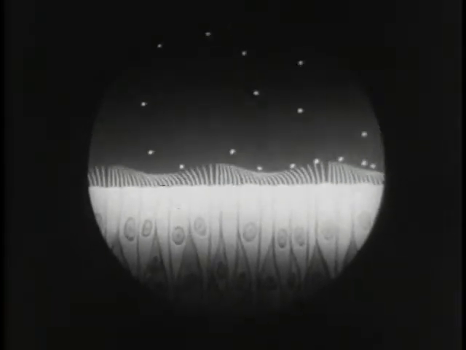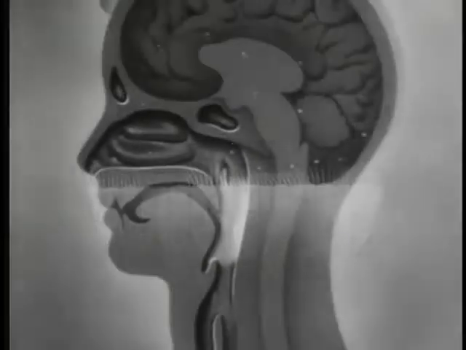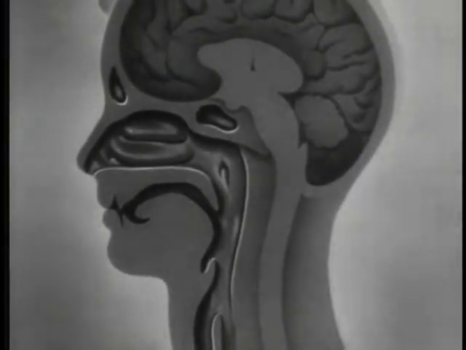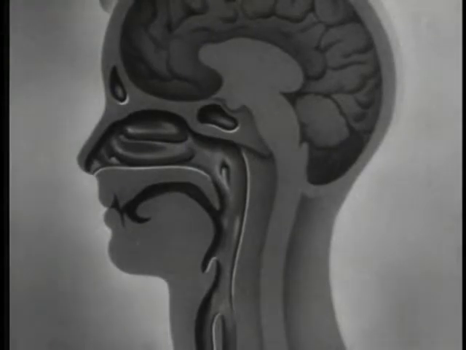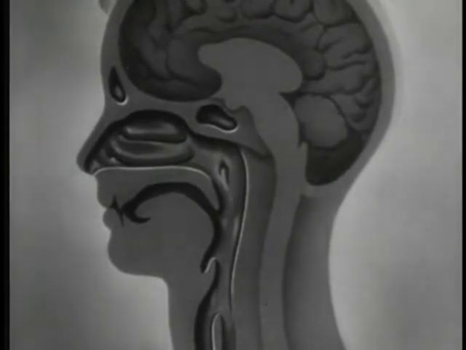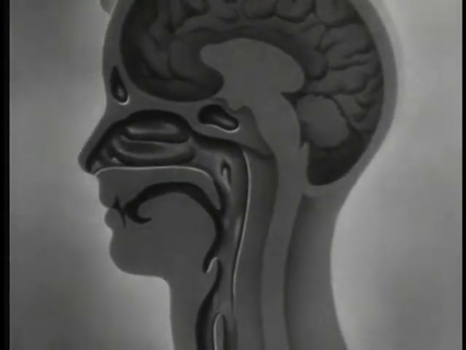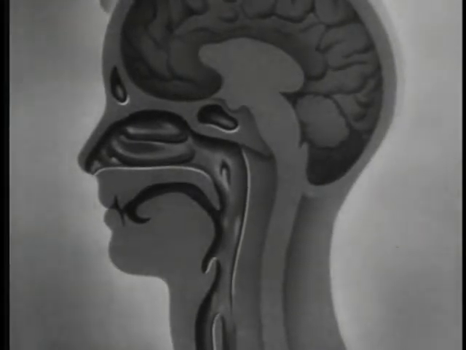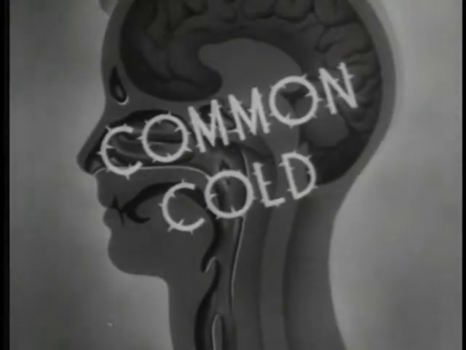The movement of the cilia carries the mucus down to the pharynx. Then it is coughed out or swallowed into the stomach, where any remaining microorganisms are destroyed by the digestive juices. If these defenses are weakened, the cold virus will gain a foothold and cause the inflammations which so often are associated with the common cold.